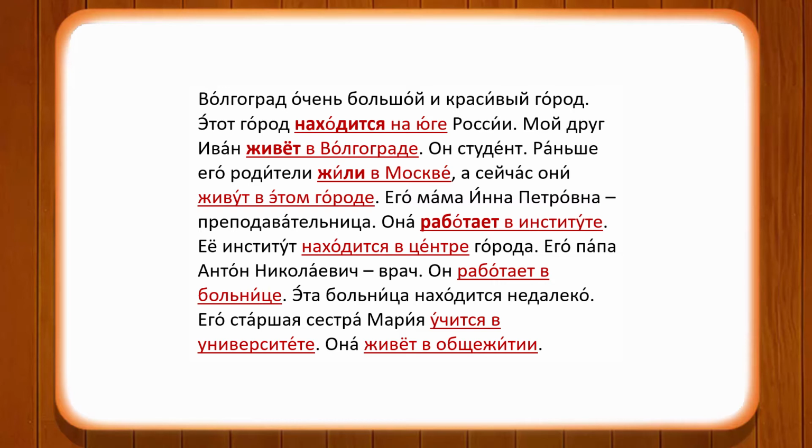Она работает в институте. Ее институт находится где? So находится means situated. The question is where. So to supplement the question где, we use the preposition в центре. Где? В центре города. In the center of what? So we have the genitive case, центре города.